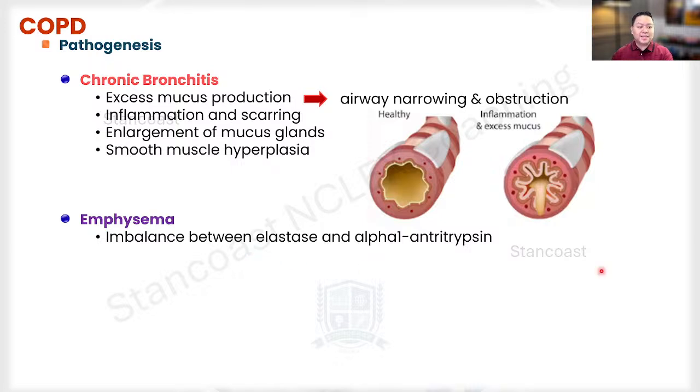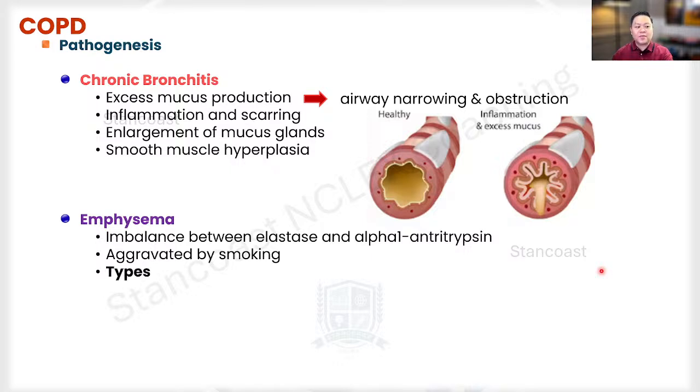Now, normally the alpha-1 antitrypsin is going to inhibit the elastase, which is the enzyme that will destroy the functioning of the alveoli. The antitrypsin is released from the neutrophils and the macrophages to protect the lung tissue.